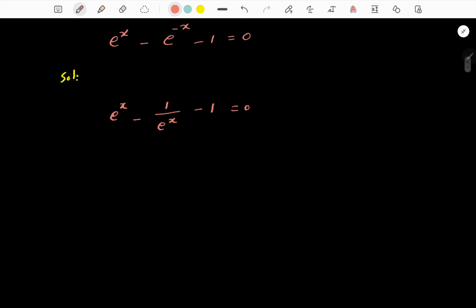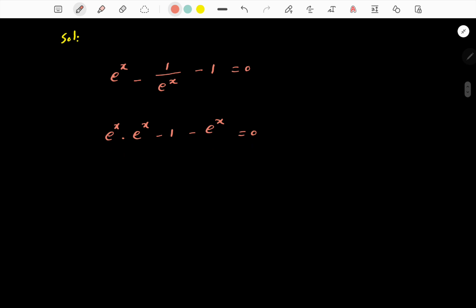Now multiplying this whole equation by e power x, we will get e power x into e power x minus 1 and minus e power x is equal to 0, which can be written as e power x into e power x, that is e power 2x, minus e power x, we have just rearranged the terms and it is equal to 0.